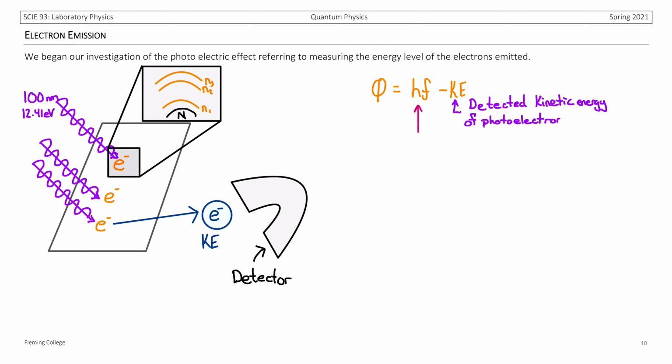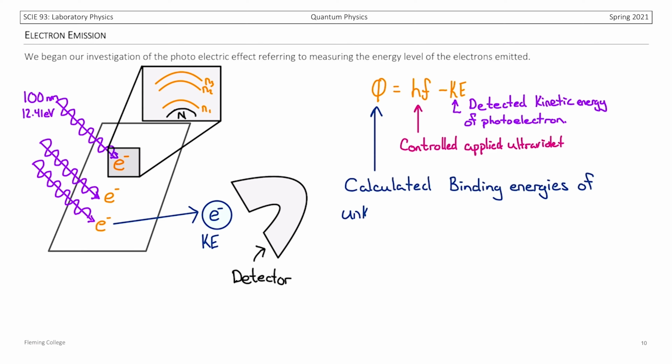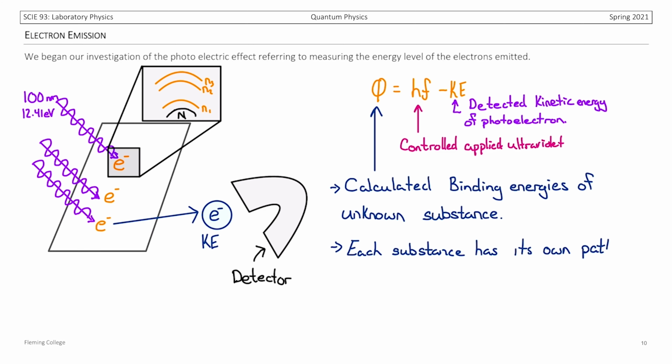We're subtracting that from the controlled applied ultraviolet light, and this allows us to calculate the binding energy of an unknown substance. So we're able to use an electron spectroscopy tool to identify an unknown substance by comparing the kinetic energy of its photoelectrons to known sources.